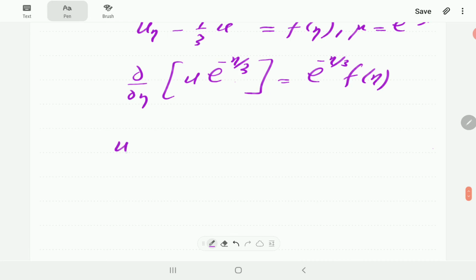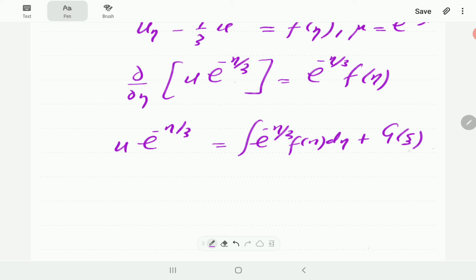So when we integrate this, the right hand side is going to be an integral of e to the minus eta over 3 f of eta d eta plus a function of xi now, because we just integrated with respect to eta.